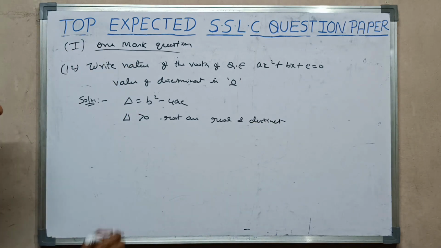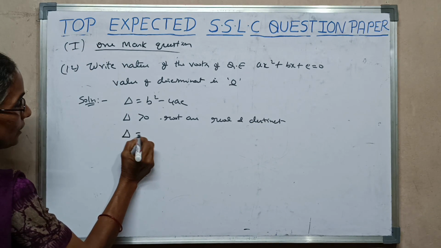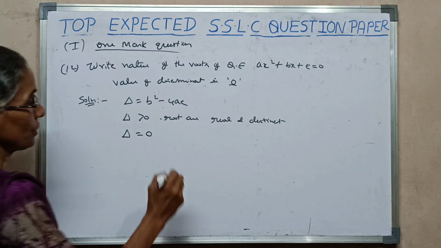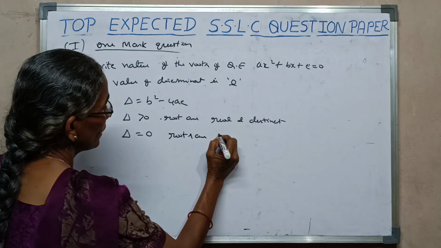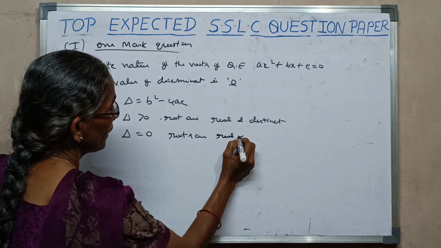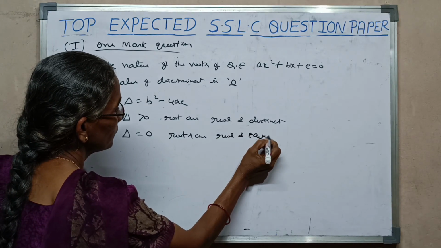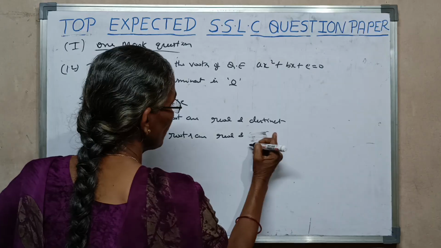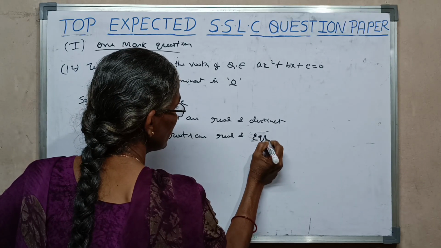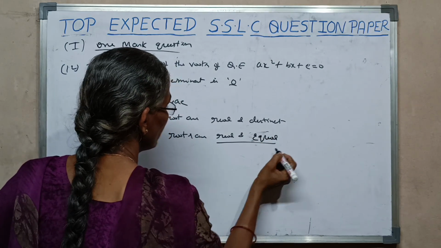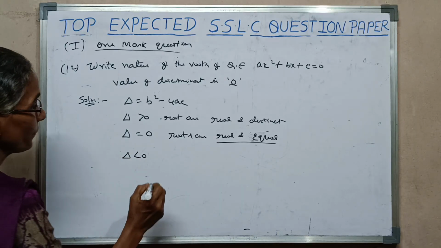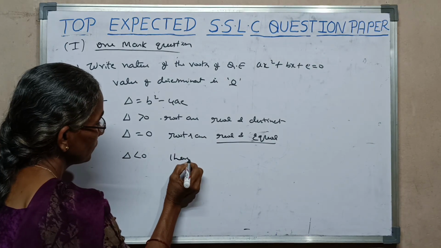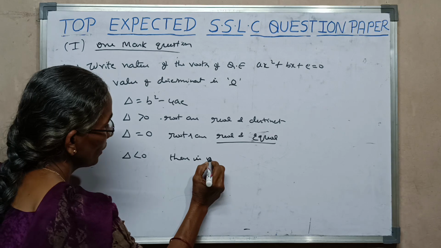The second condition, delta equal to 0: roots are real and equal. The third condition, delta less than 0: there is no real root.